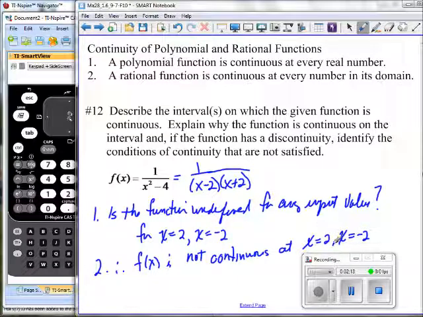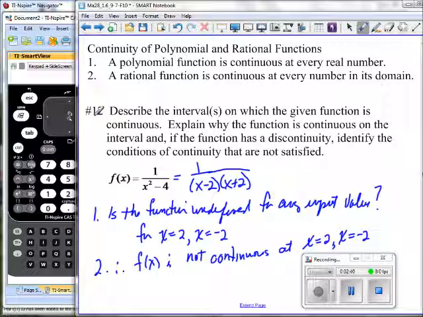The fact that it is undefined means that it's not going to be continuous. Okay, and that's the first condition of continuity. It has to be defined. If it's not defined, you can't do that.